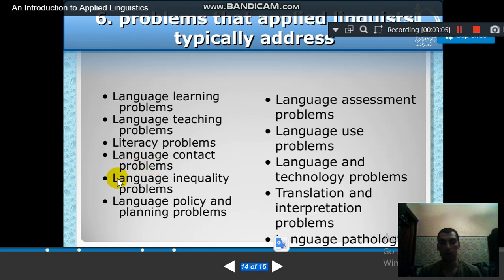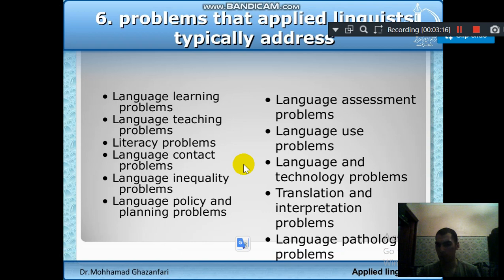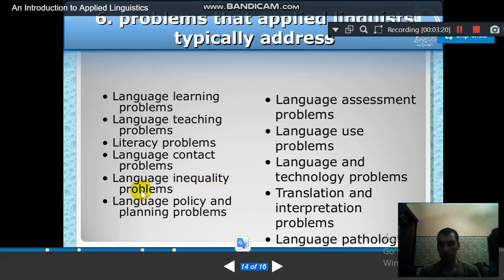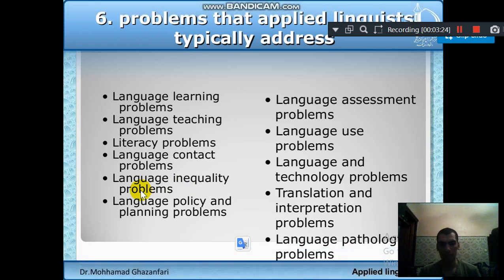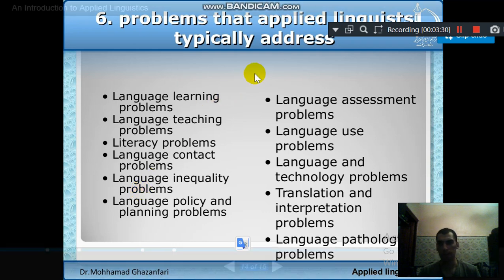Language contact problems, these have to do with international relationships, with colonialism issues, imperialism issues, stuff like that. Language inequality problems, this has to do with discrimination, inequality, it has to do with racism, things like that.